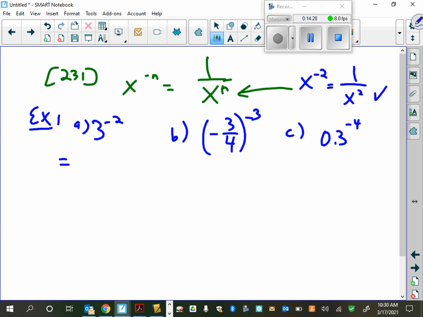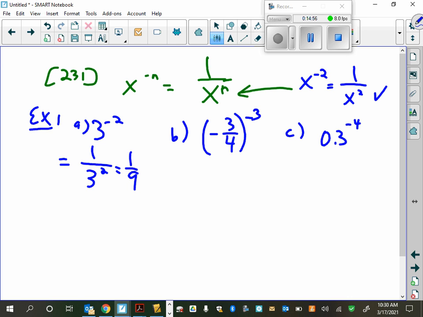Okay, that makes sense. Dividing by 1/3 is the same thing as multiplying by 3. True. This we learned: 3 to the negative 2 is 1 over 3 to the positive 2, 1/9.